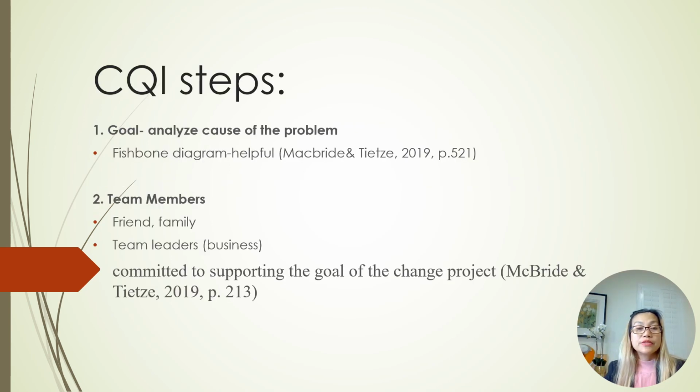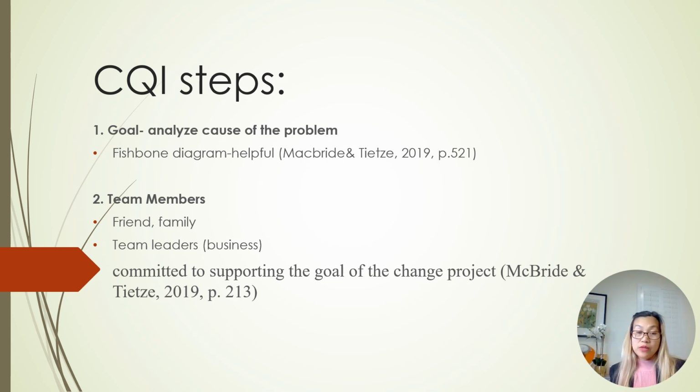Next slide. In order to do this, there are steps to follow to make it smooth and successful. First, we need to have a goal. In this stage, we analyze the cause of the problem. There are many tools you can use for that, and I use a fishbone diagram, which will be explained further down.